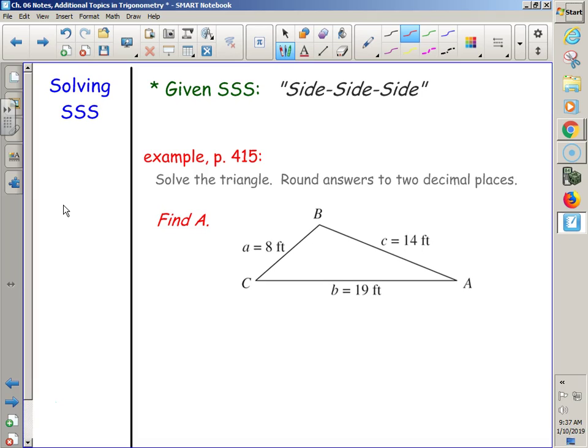So I need from you guys a direction. Which angle do you want to solve for first? A? All right, cool. Then look at your notes and start with the formula that says cosine of A equals.